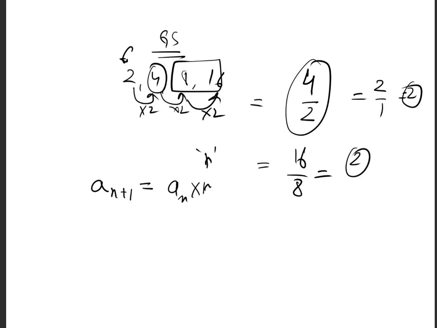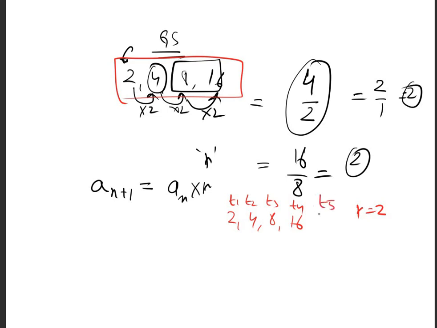So let's apply here. My sequence was 2, 4, 8, 16. My R, you just calculated, R is 2. So this was T1, T2, T3, T4.